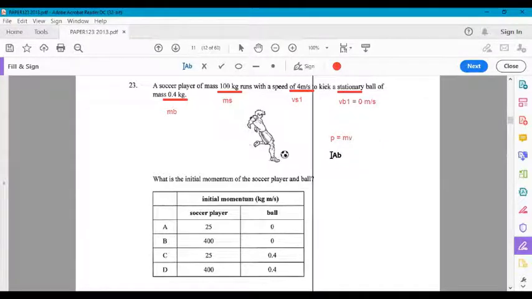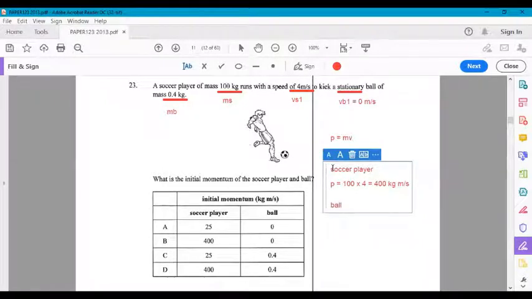So for the soccer player, his initial momentum would be his mass, 100 kilograms, multiplied by his initial speed, which was 4 meters per second, which would give us 400 kilogram meters per second.